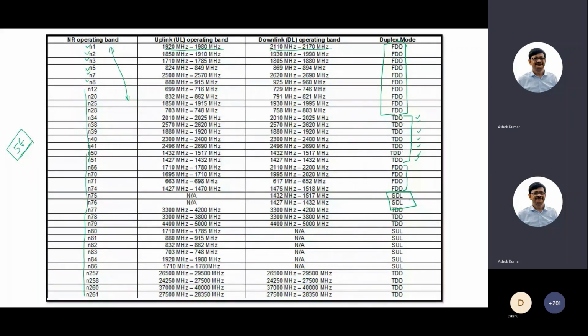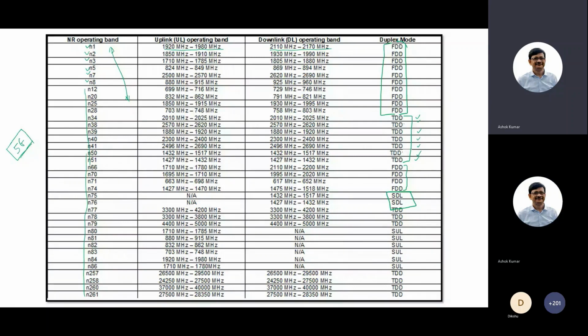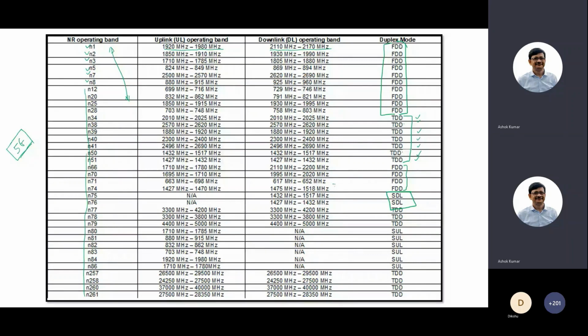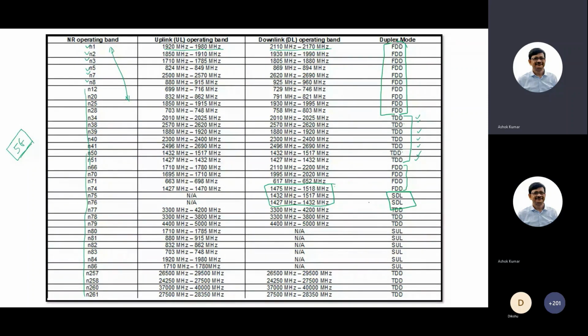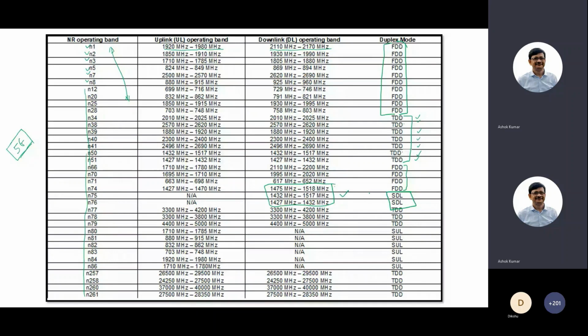Atul Jain has answered correctly. You can also see that these bands are given only for downlink. Uplink is written as not applicable. So basically in 5G, what is allowed is that you can have additional frequencies only for downlink. That is a possibility, and we'll see use cases later today, but you can use them only for downlink.